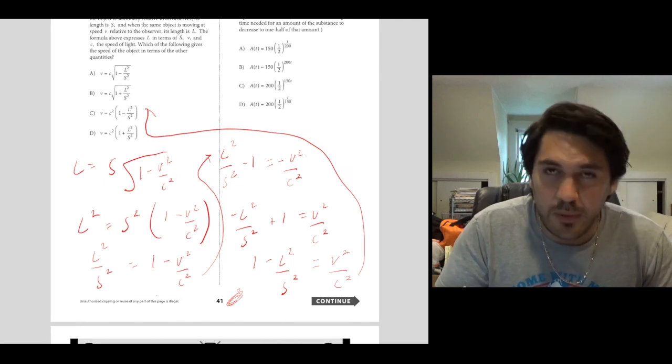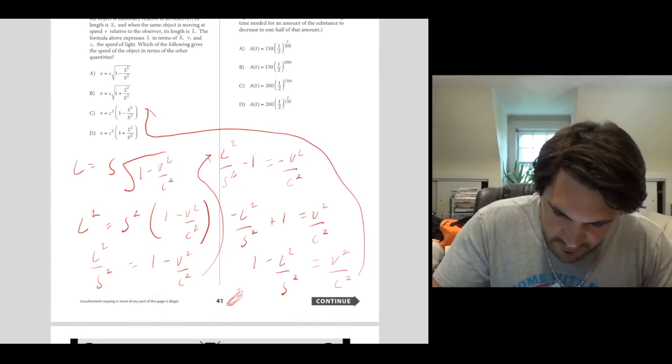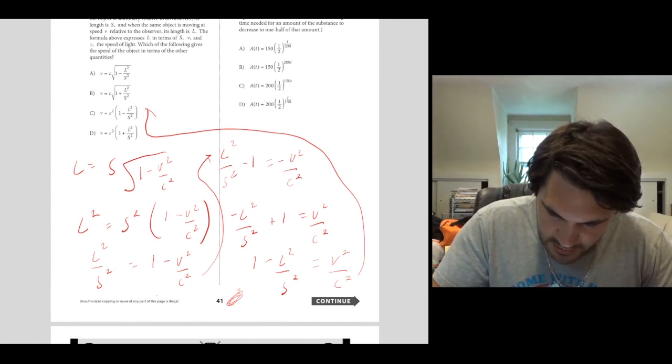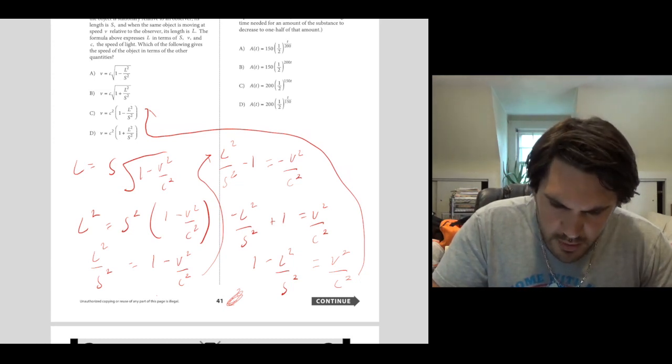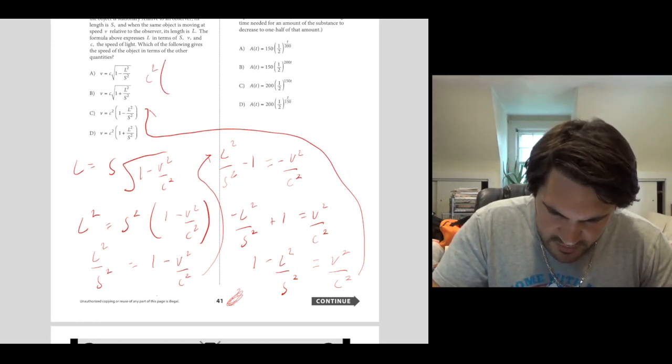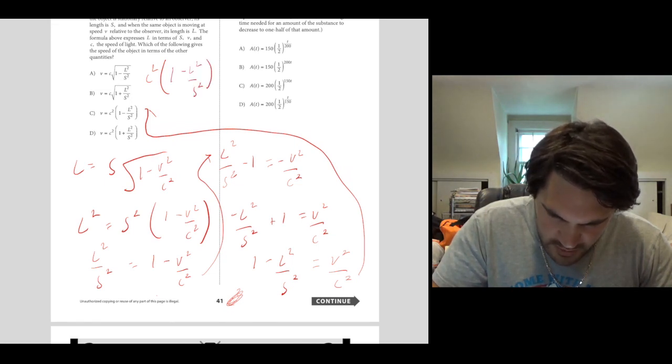So we're going to multiply both sides by c squared. Yeah, just multiply both sides by c squared. So we're going to have c squared times 1 minus L squared over S squared equals v squared.